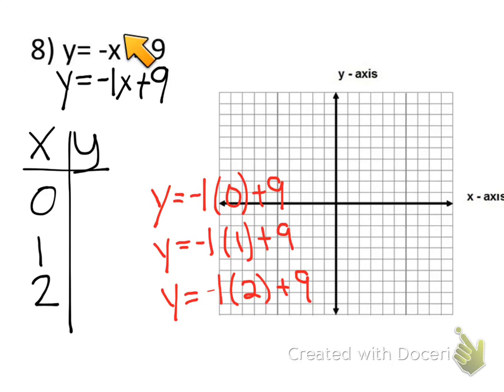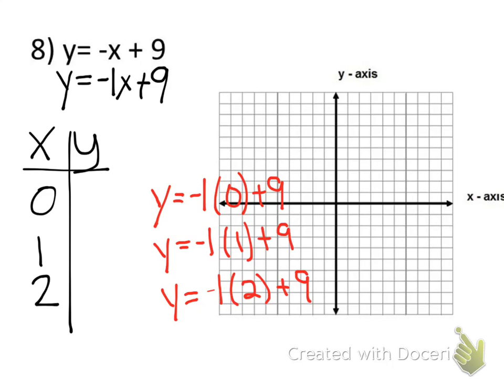All you're doing is taking the x out, putting the 0 in. Starting again, you're taking the x out again, putting a 1 in. You're taking the x out again, putting a 2 in. Okay? And then you do that math. That'll give you this y, and this y.